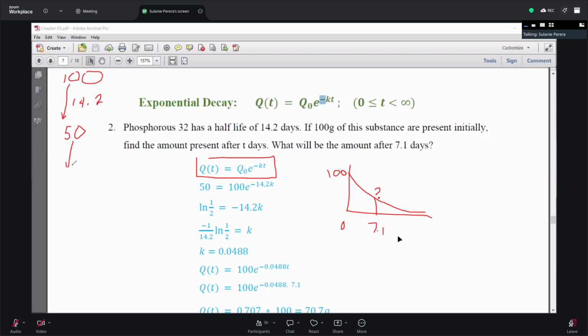And again after another 14.2 days, it becomes 25. Likewise, it decreases. After 14.2 days, it becomes half. Again after another 14.2, it becomes half. So that's how it goes, right? It keeps on decreasing. That is what is meant by a half-life.